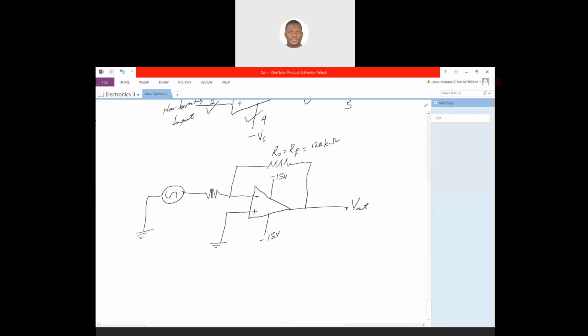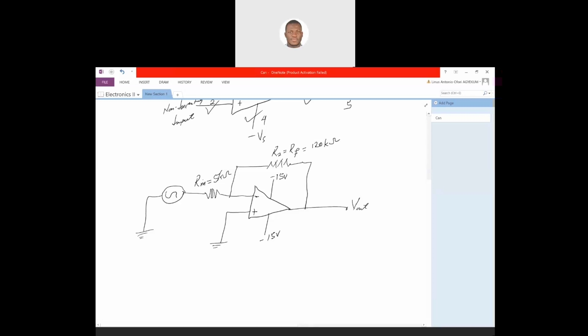And we have our R in equal to 5 kilo ohms, okay? Now, 3A is asking us to calculate the voltage gain of the amplifier, okay?